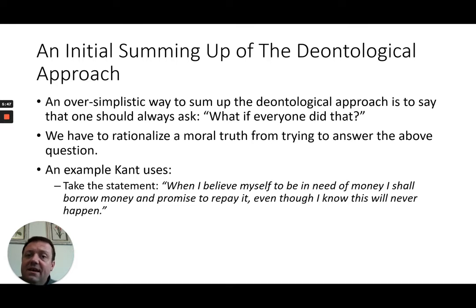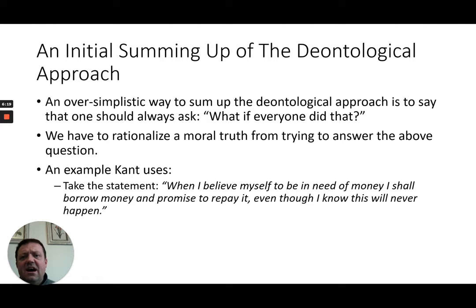And his answer is that if everyone broke promises, then the very idea of a promise would collapse, because, of course, there would be no value in the concept of a promise at all if everyone broke them. Now, this is known as contradiction of concept, and as I say, I come back to this in subsequent videos. But once you've got that idea of universalization in mind, it's quite easy to see in some cases when contradiction of concept occurs.